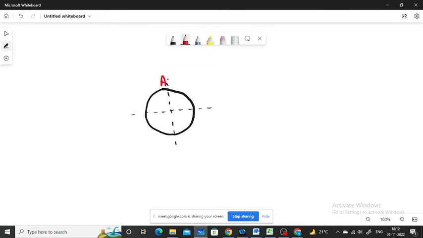The base circle is divided into an equal number of parts: AP1, P1P2, P2P3. This part is divided into equal parts. This is equal: AP1, P1P2, P2P3. They are equal parts.